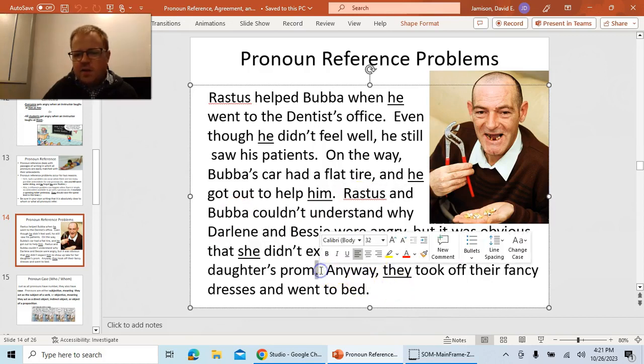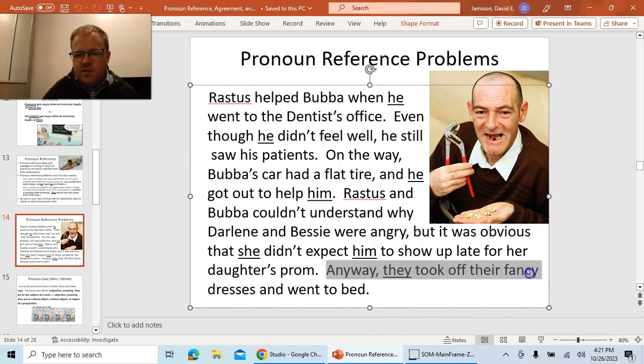Anyway, they took off their fancy dresses and went to bed. Now we don't know if they refers to Bessie and Darlene, Rastus and Bubba, the daughter. It could refer to Rastus and Bubba. It's 2023. You never know. But yeah, we need to make sure it's clear who everyone is referring to. Otherwise, our paragraph is very confusing.